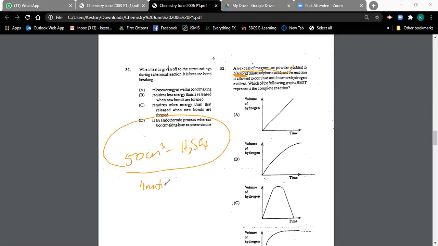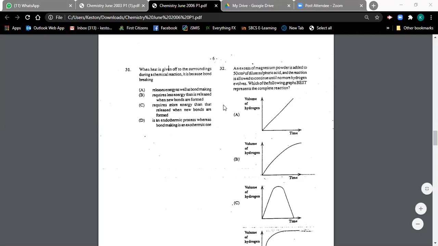This is not in excess. This has a limit. There's only 50 centimeters cube of it. So when all of that is gone, what is going to happen? Is this reaction going to continue any further? Nope, it's not. So which graph would best represent a termination or end point for the overall reaction?